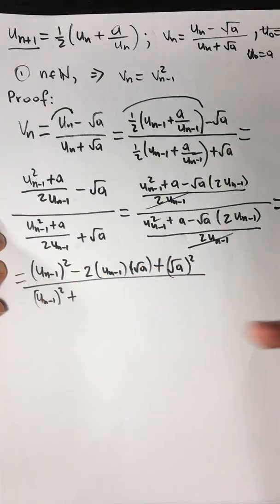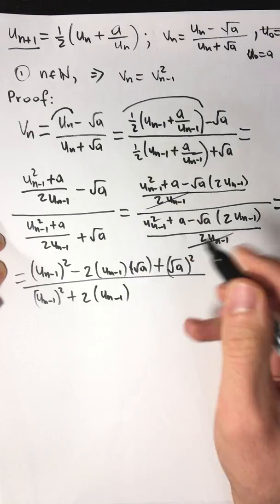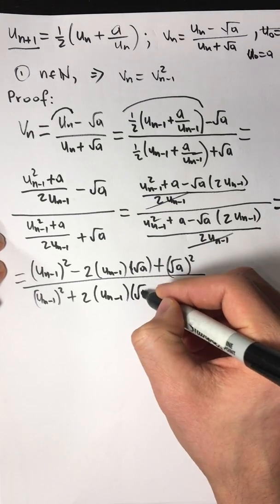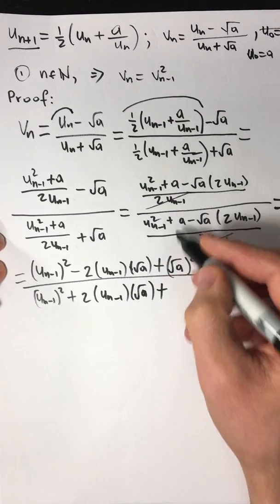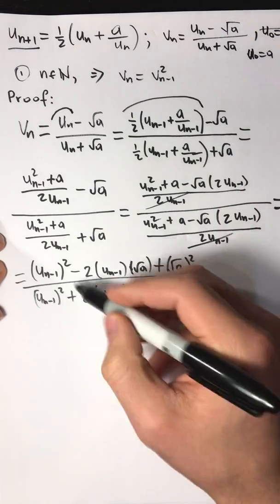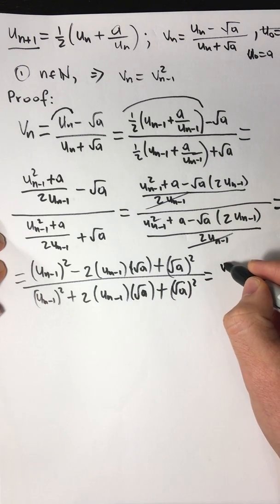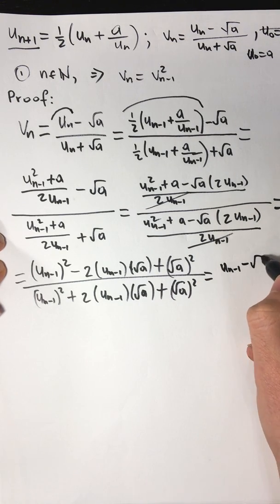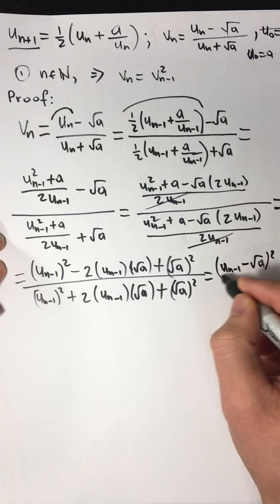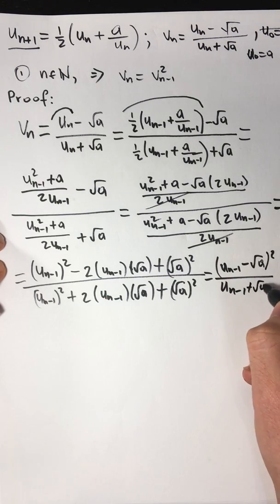You understand why after a moment, please, s'il vous plaît. Okay, now here root a plus, what is a? Root a square. And yeah, this one is equal to a square minus 2ab plus b square, which is un minus 1 minus root a square divided by, this is un minus 1 plus root a square.